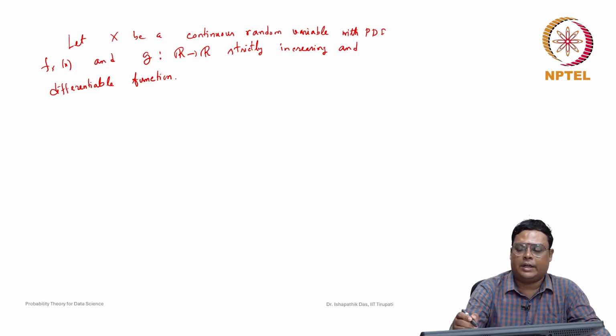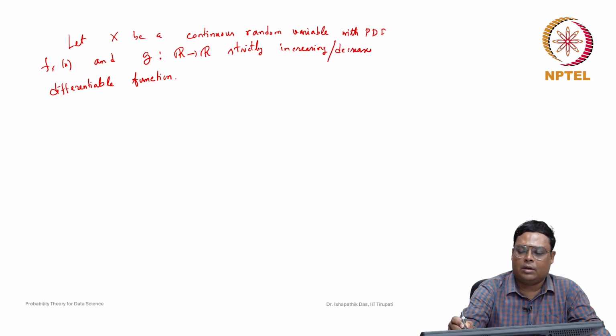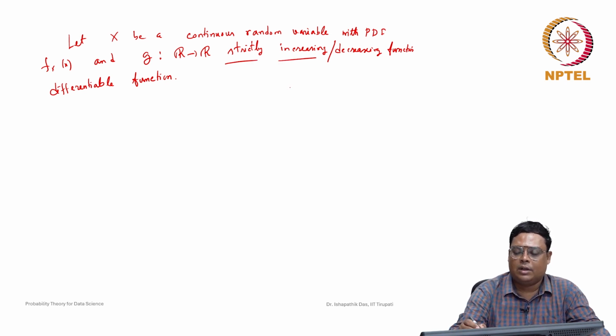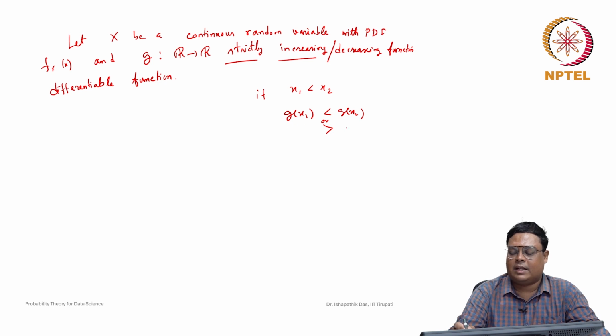So it is strictly monotonic actually, so we can write strictly increasing or decreasing. Basically it is not constant anywhere. Suppose it is strictly increasing, so if x1 is less than x2, then g(x1) will be less than g(x2), or for strictly decreasing, g(x1) will be strictly greater than g(x2).